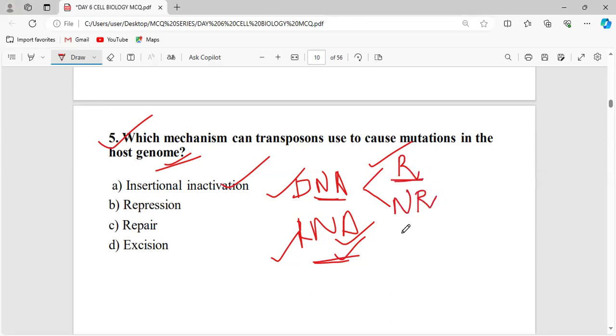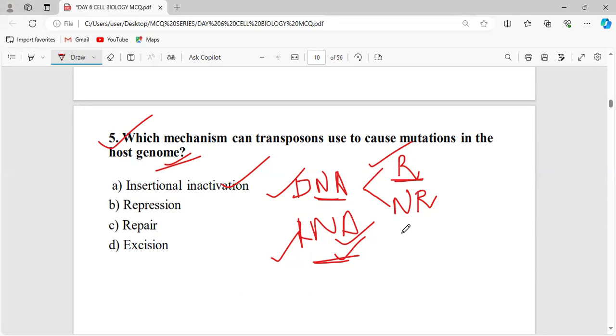Replicative DNA is called the copy and paste transposition.